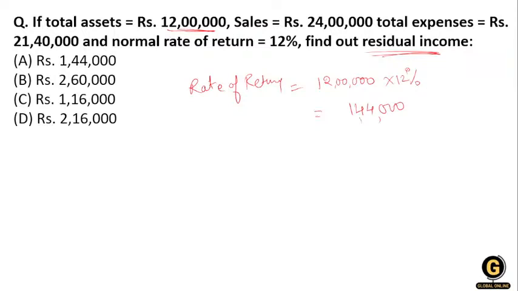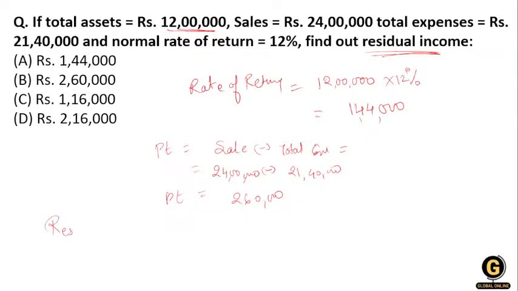Then the profit. How do we calculate profit? From sales, we deduct total expenses. Sales is 24 lakh, and total expenses is 21 lakh 40,000. So the company generates a profit of 2 lakh 60,000. Now we have to calculate the residual income.